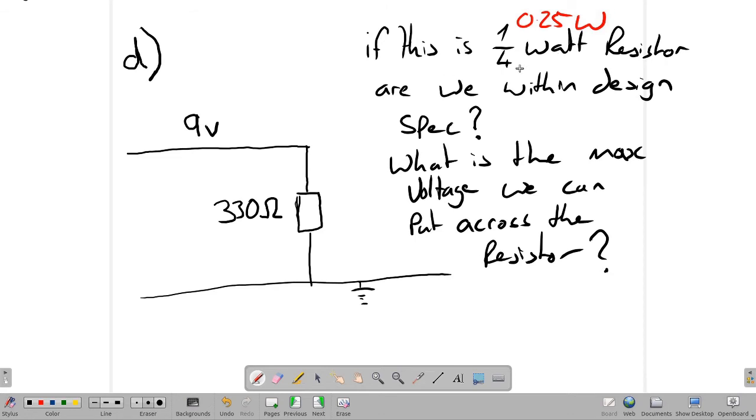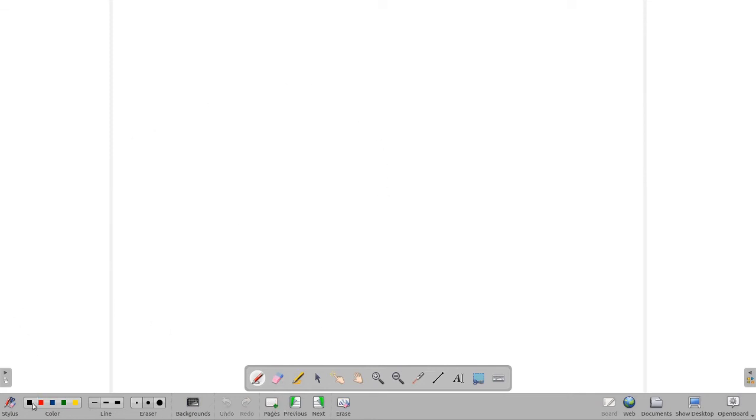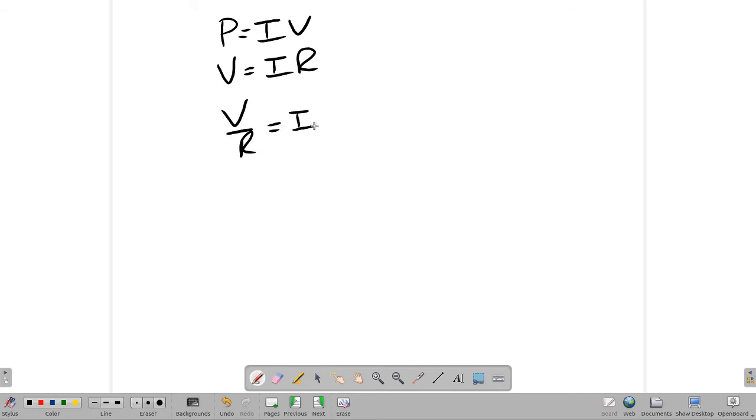And we can use V equals IR and P equals IV. What I'm going to do is that same rearrangement. I've got P equals IV, V equals IR, and again we'll eliminate I from the top equation. So V over R equals I, dividing both sides by resistance.